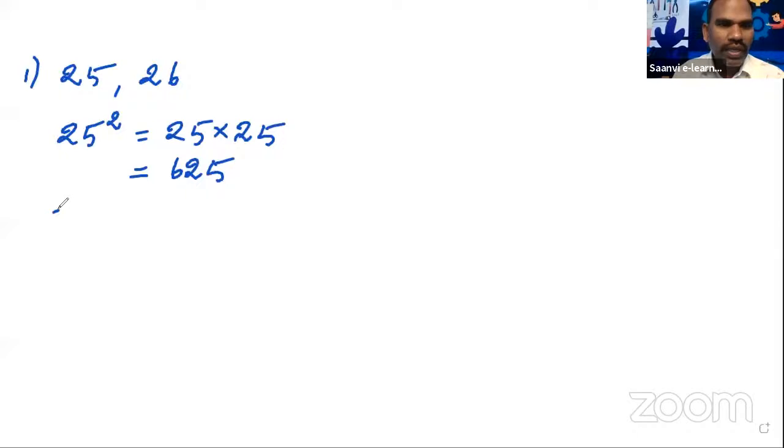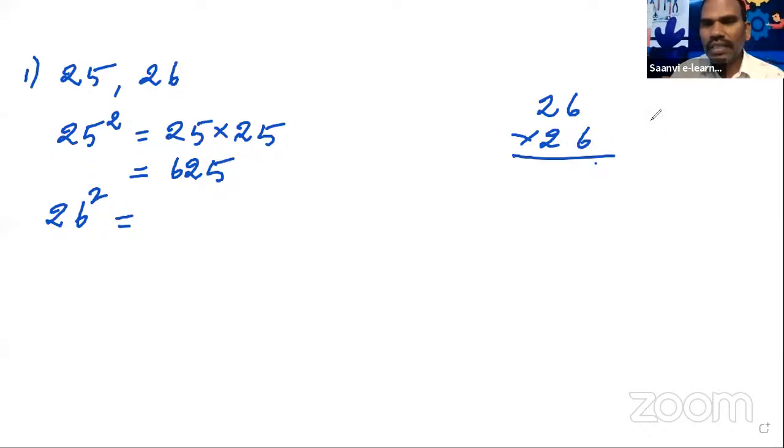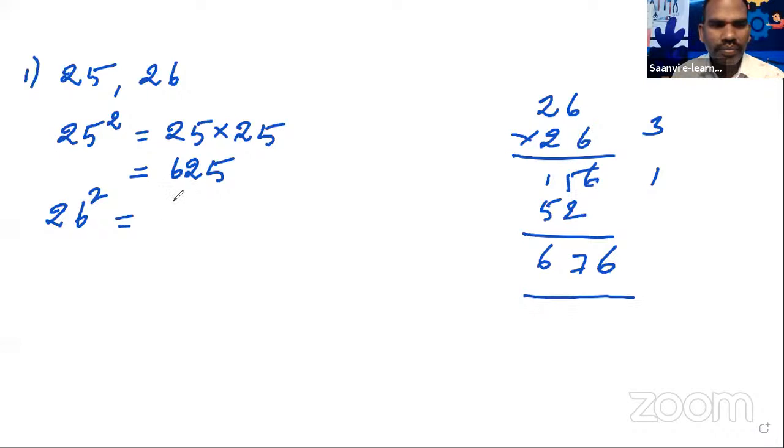Next, 26 square. How much? 26 into 26. Multiply: 6 6s are 36, carry 3. 6 2s are 12, plus 3 is 15. 2 6s are 12, carry 1, 2 2s are 4 plus 1 is 5. How much? 676.